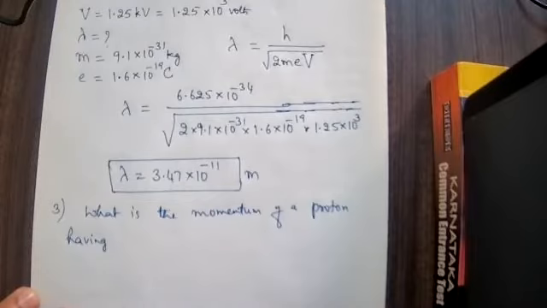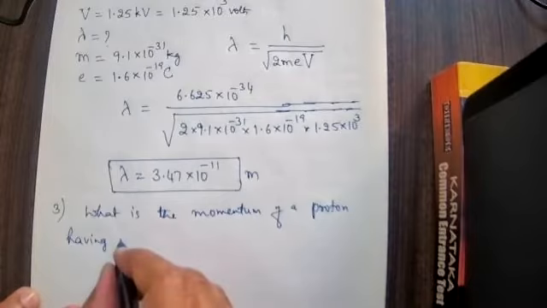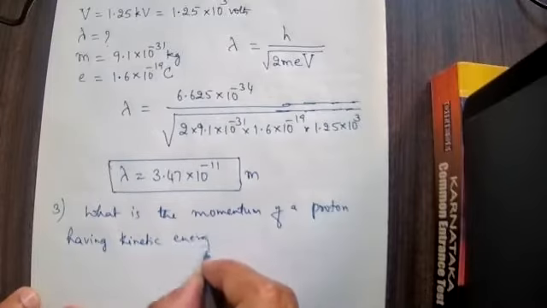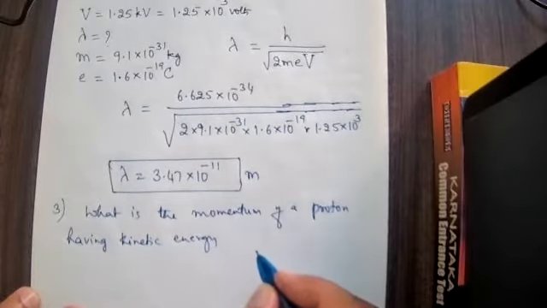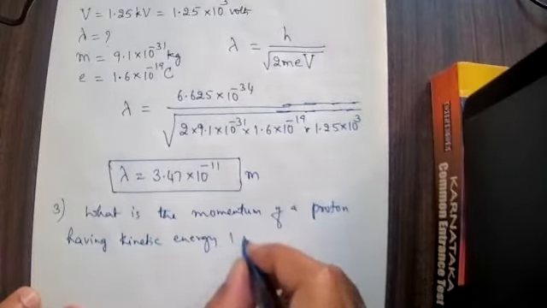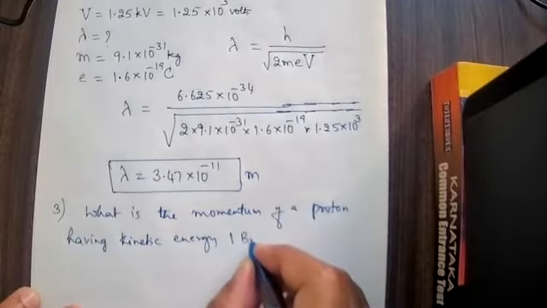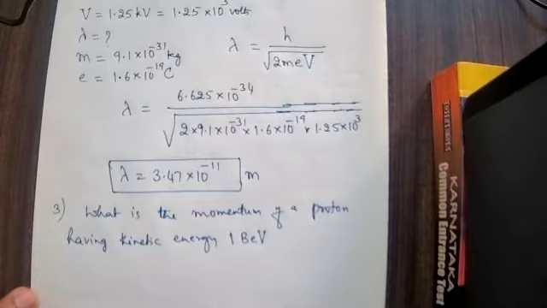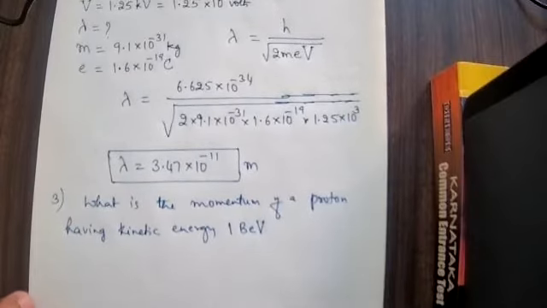What is the momentum of a proton having kinetic energy? If concepts are given, you have to do the calculation. Kinetic energy, 1 billion electron volts, not million, BeV.